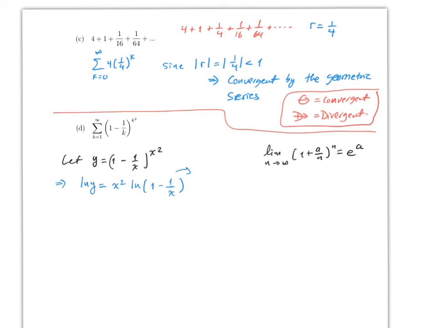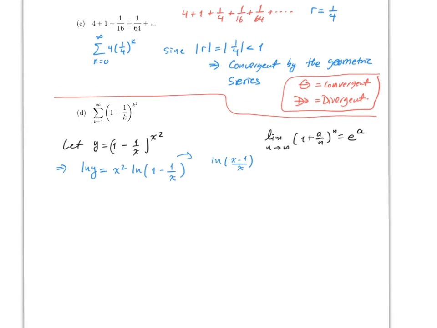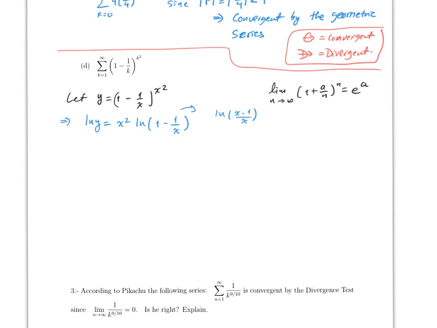Notice that you can also rewrite this as ln of x minus 1 over x, like I just told you, but the important part is the denominator is the same thing as 1 over x squared. So this will be the numerator, this is the denominator.